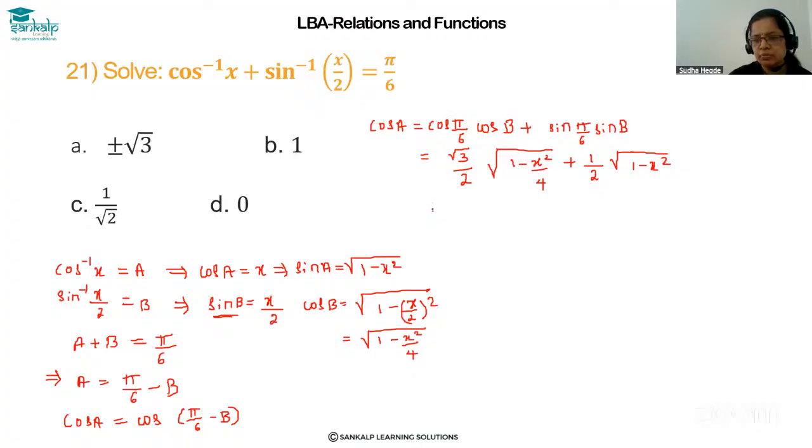Simplify further. This is root 3 by 2 into square root of 4 minus x square over 2, since the LCM is 4 and root 4 is 2.